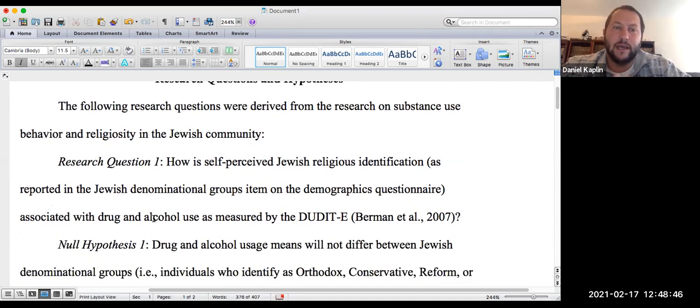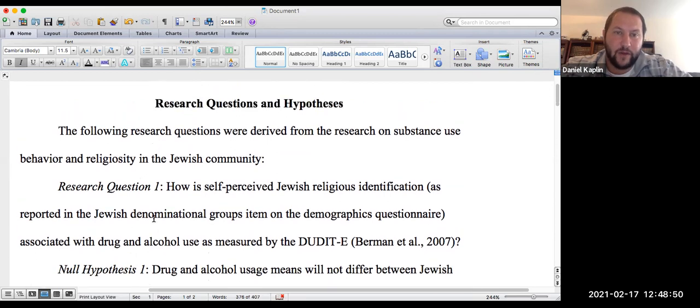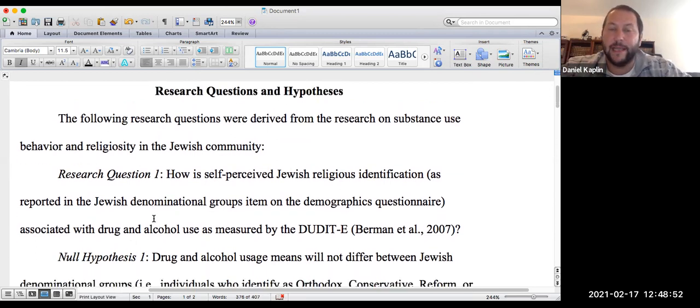So it's advisable to restate it after you have your research questions hypotheses to say the following research questions were derived from the research on substance use, behavior, and religiosity in a Jewish community. So what's interesting is substance use or substance abuse are behaviors. So you're being very clear about what you're doing.